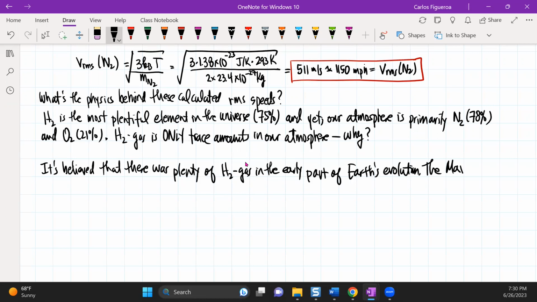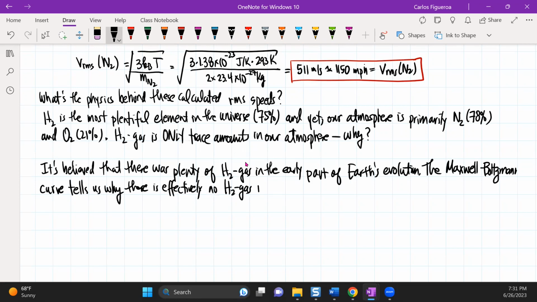The Maxwell-Boltzmann curve tells us why there is effectively no hydrogen gas in our atmosphere.